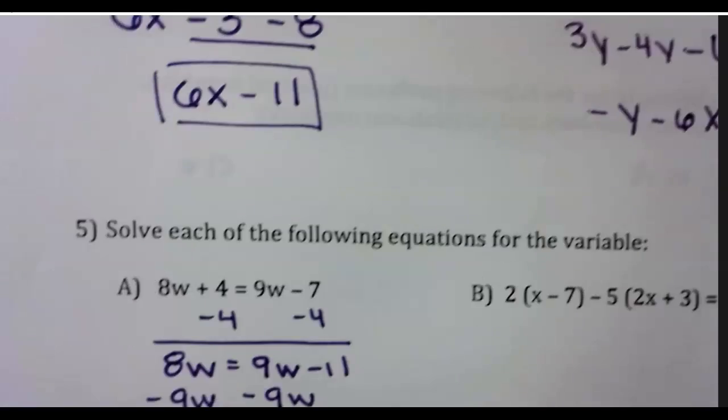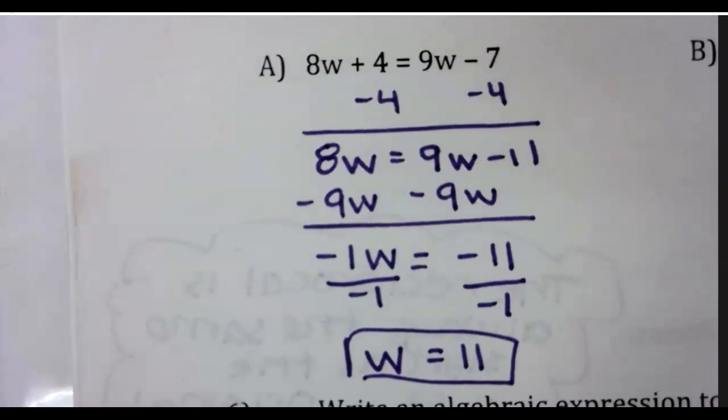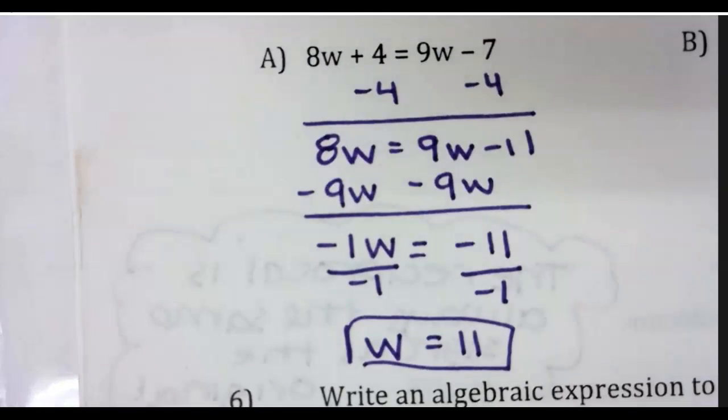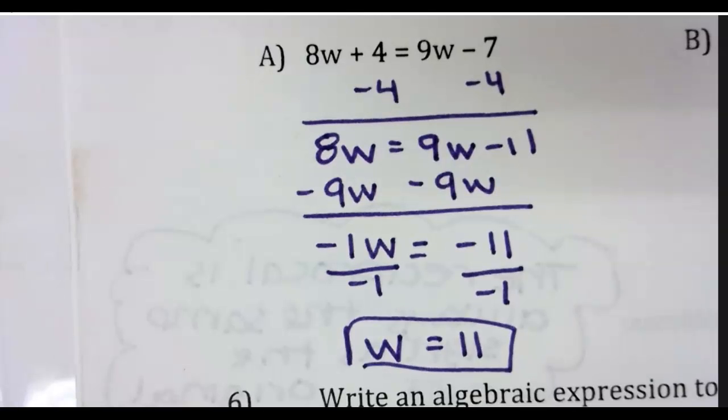Okay, let's look at 5A. So once again, in this example, your goal is to isolate the W. So we isolate W by getting all of the W's to one side and all of the numbers to the other.